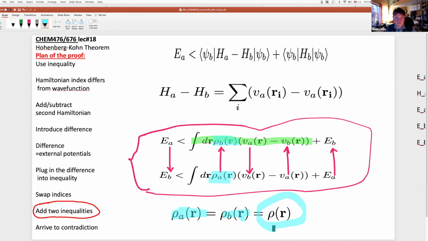Okay? And now there is only one operation left. I'm going to replace rho A and rho B with simple rho, and then subtract inequality A minus inequality B. Again, there are no logical flaws. No one can forbid me to do this trivial operation: subtract two equations from each other.